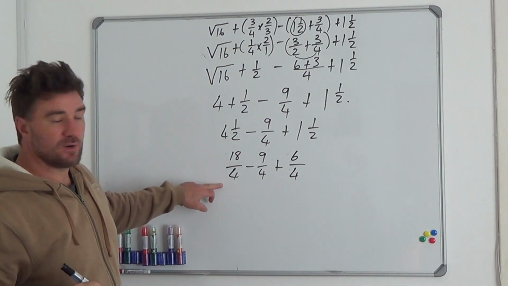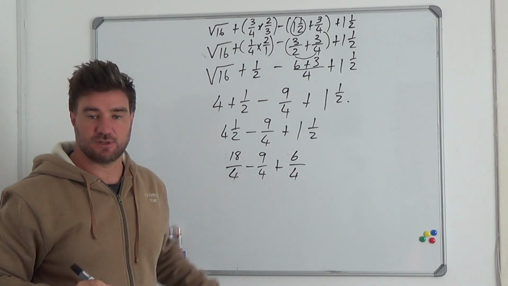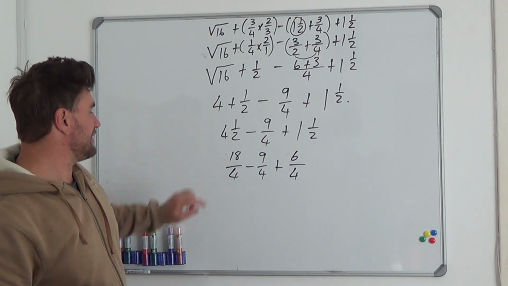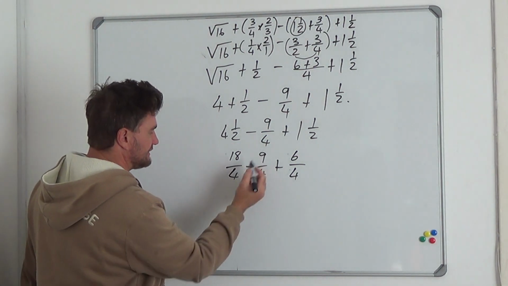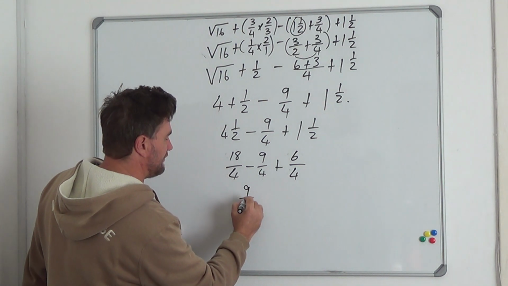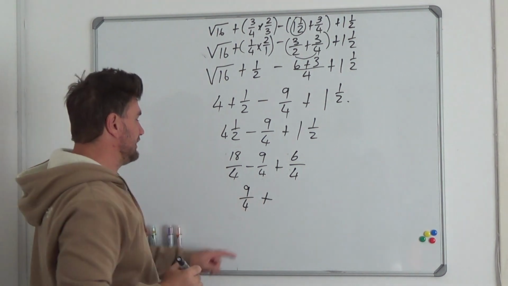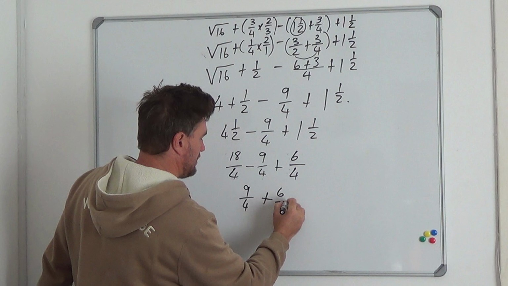Now we can work with this because our denominators are all the same. Pretty straightforward then, hey? 18 minus 9 is 9 over 4, plus 6 over 4.